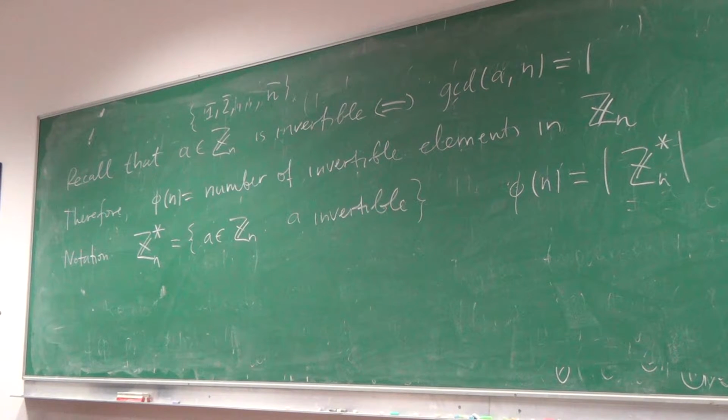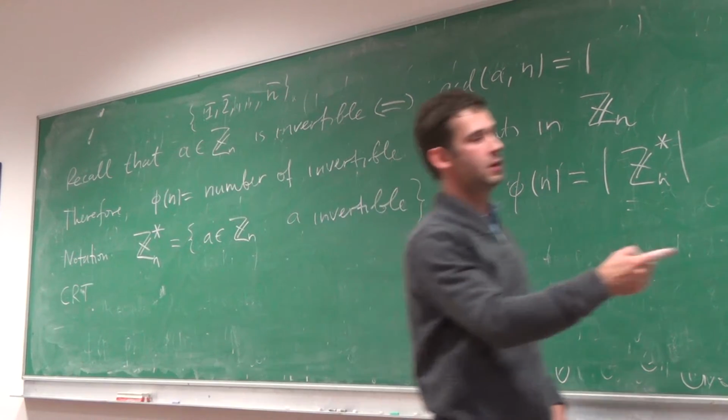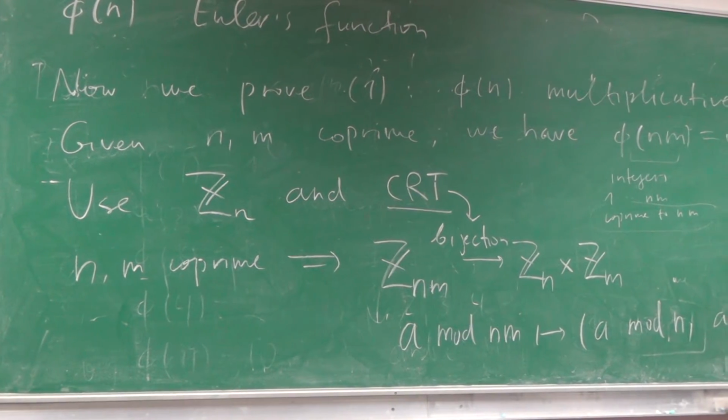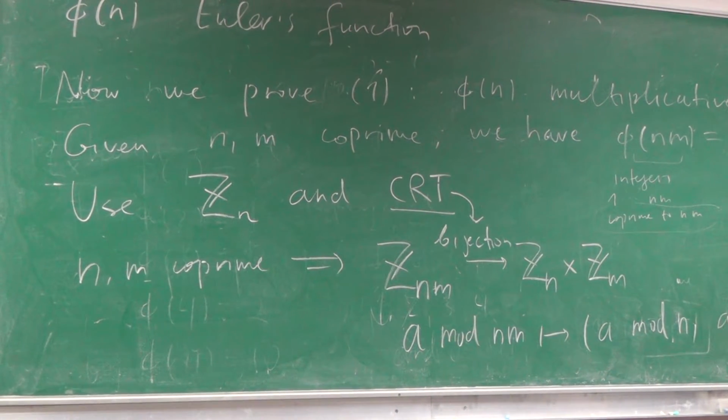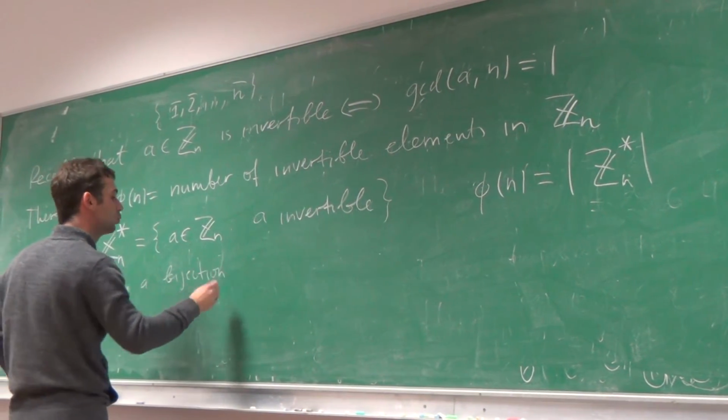So how do we proceed? We proceed as follows. We say that the Chinese remainder theorem in this form, between classes mod n and mod m, provides a bijection on the level of invertible elements as well.